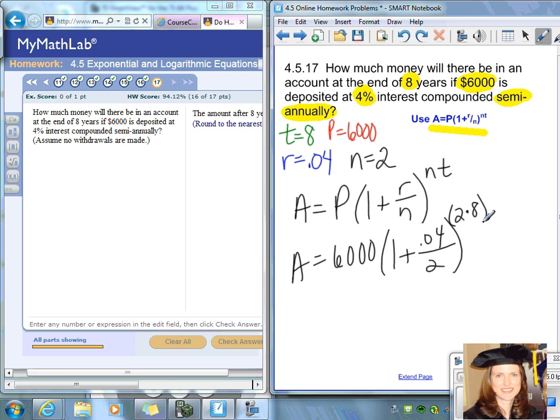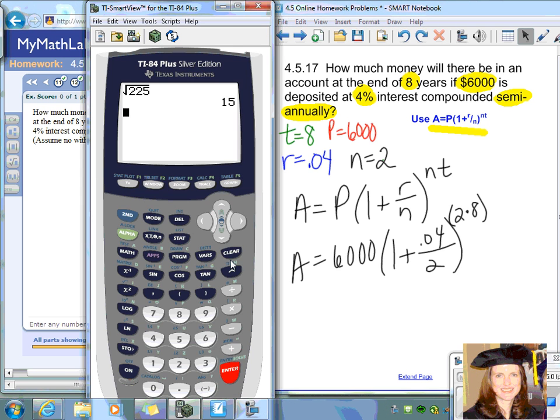I do like to put parentheses around that entire exponent, and you do need a calculator, either scientific or graphing, to compute 6,000 times 1 plus 0.04 divided by 2. Then I close the parentheses and raise that to the 2 times 8 power. I go ahead and add parentheses around the exponent.